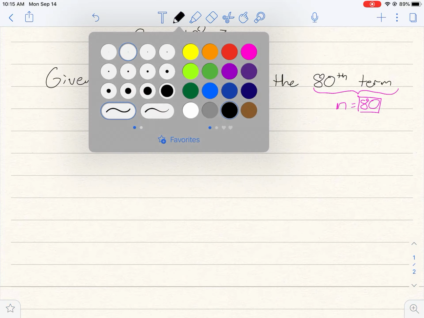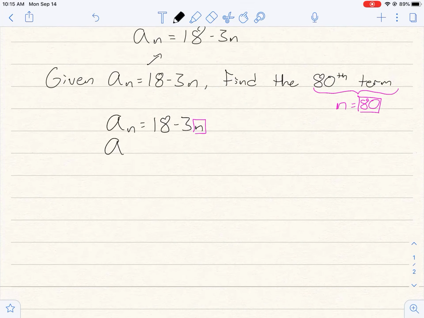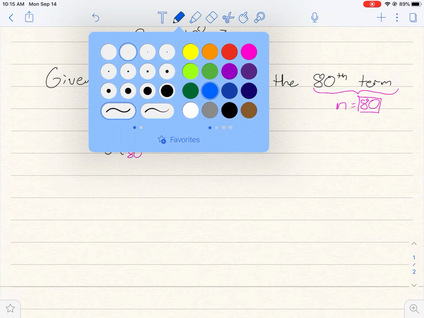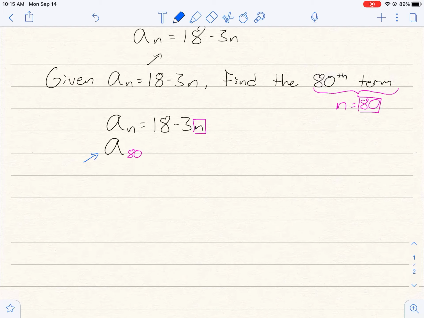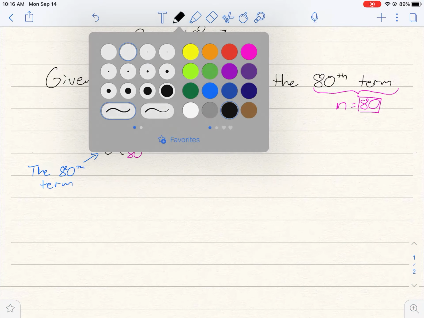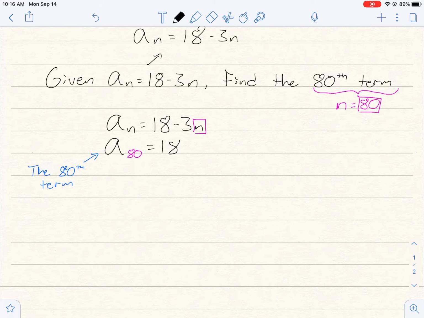So what we're doing is finding a sub 80, this being the notation for the 80th term, and I'm simplifying it in the equation. So equals 18 minus 3 times 80.